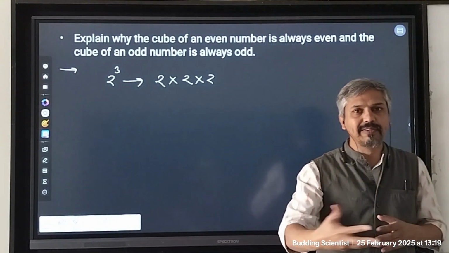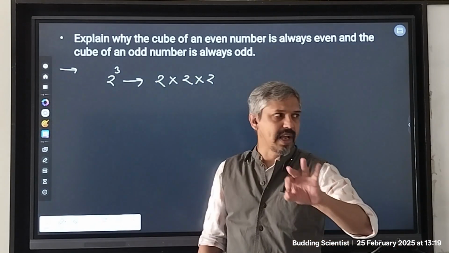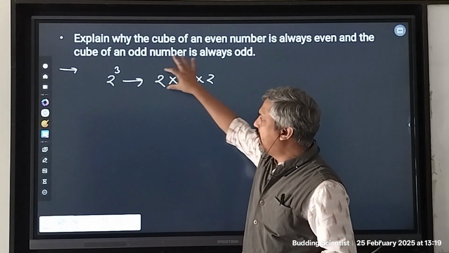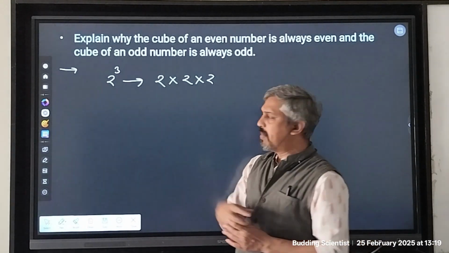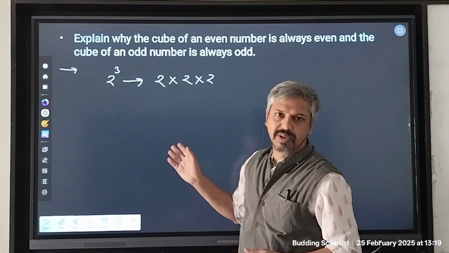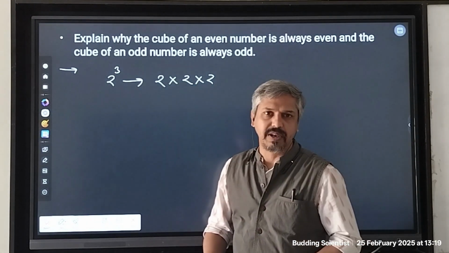So the cube of an even number involves multiplication of the same even number 3 times. But it doesn't matter how many times you multiply. If you multiply an even number, the result will always be an even number. So any number multiplied by 2 will be an even number. Any number multiplied by 4 will be an even number. So when you multiply with an even number, the answer will be an even number.